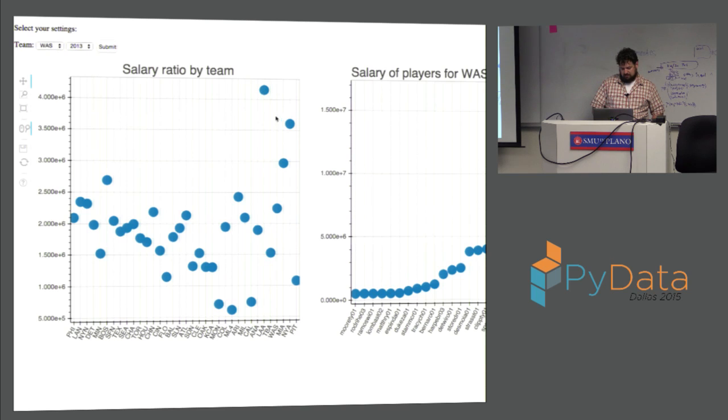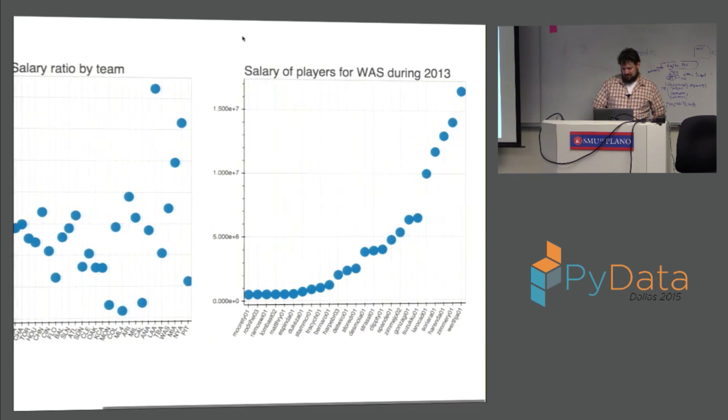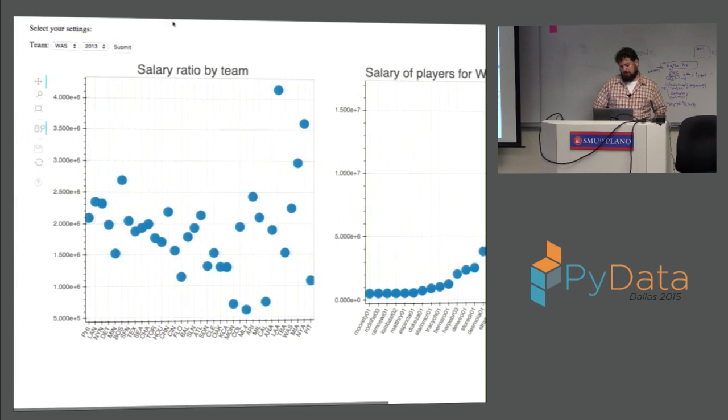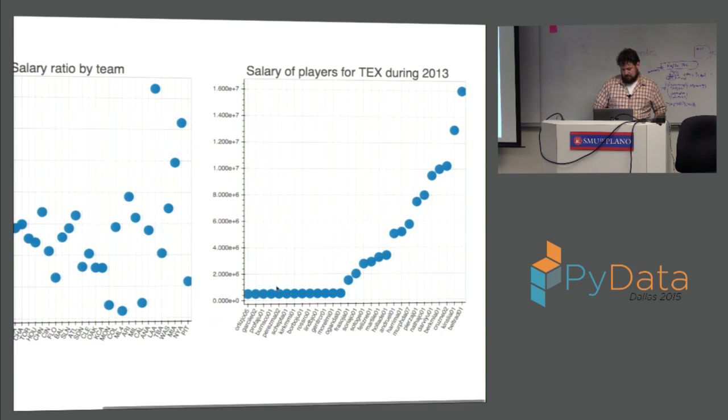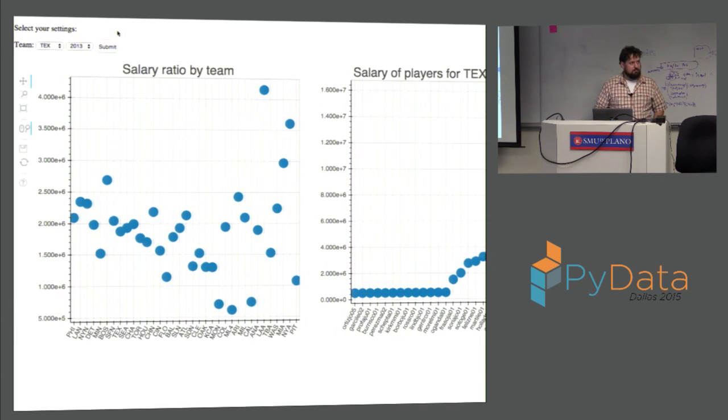I can see the ratio of the teams, which you remember was kind of random, but here I can select out which team I want, for example. And so there's Texas. And whoever Beltran is, he makes a lot more money than these guys. So awesome. All right, that's our time.